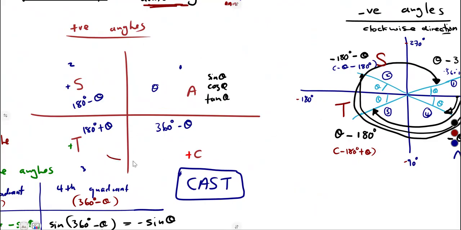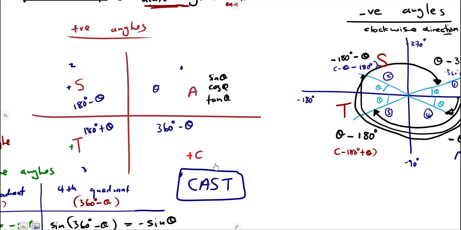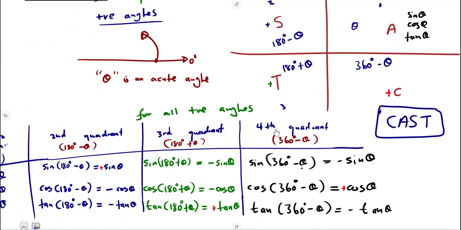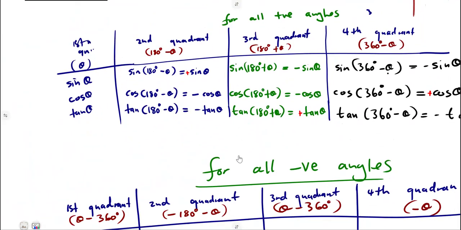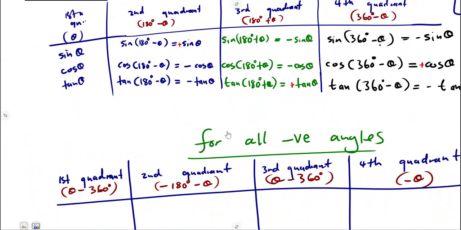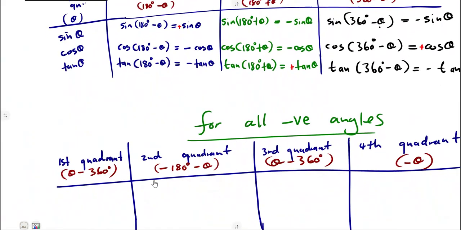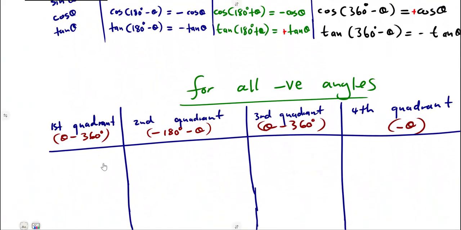In the third quadrant, same properties. So from here, we can write our answers from what we just had before. All are positive in the first quadrant. So in our case, the sine of the angle theta minus 360 will be taken as the sine of theta, reduced to the sine of theta.